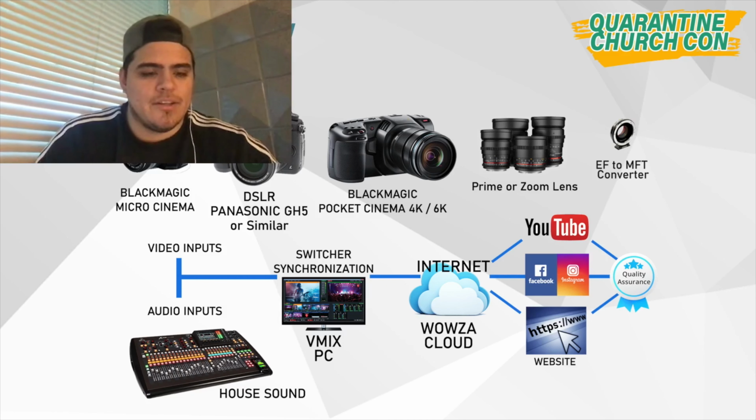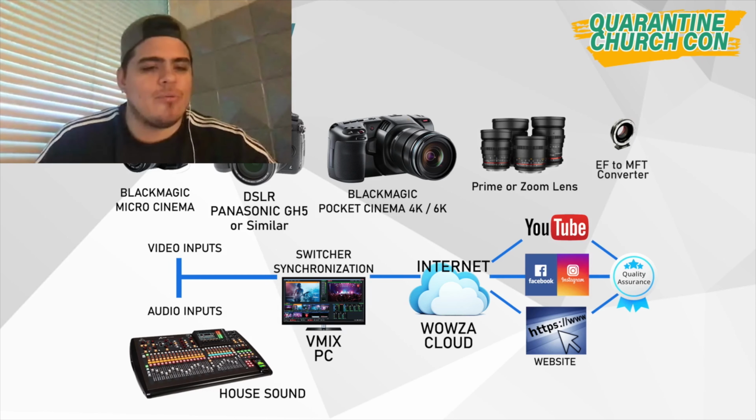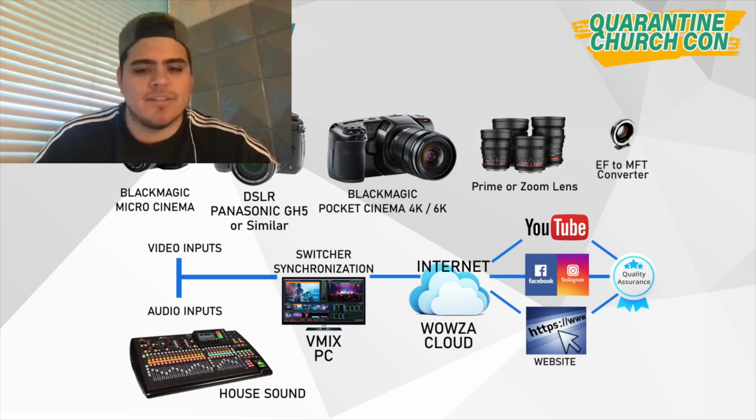You want variation, and it sounds kind of unnecessary, especially to someone who isn't in the video world. People who are in charge of churches, admin, just kind of like, well, we set the cameras up, that's good enough, right? We have different angles, but it's really about engaging the people who are watching so they stay and they want to stay.